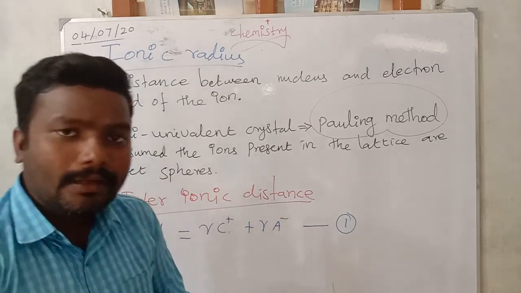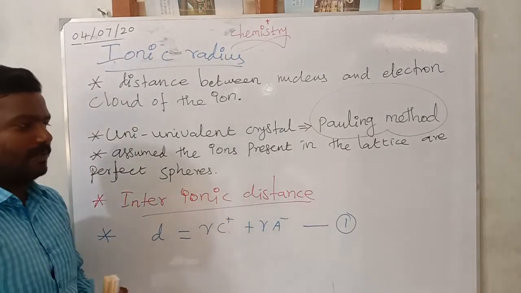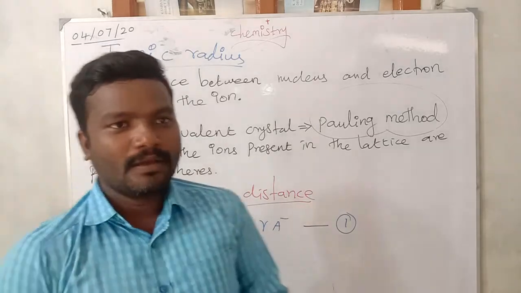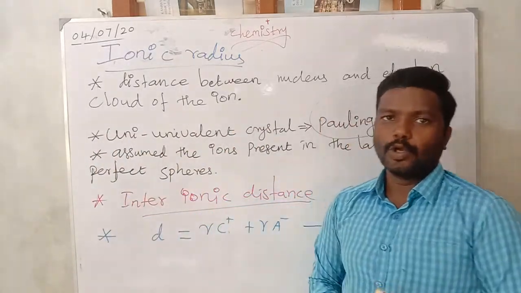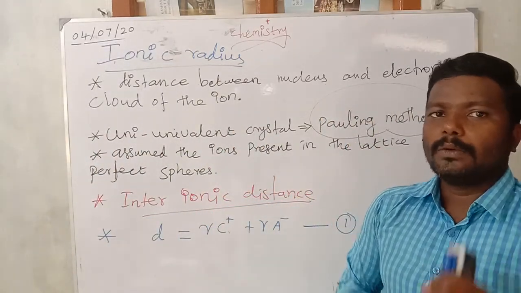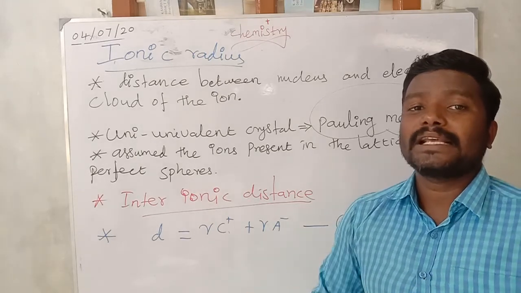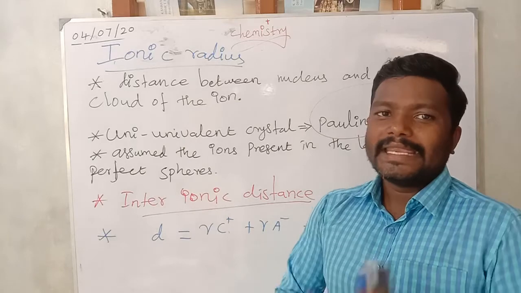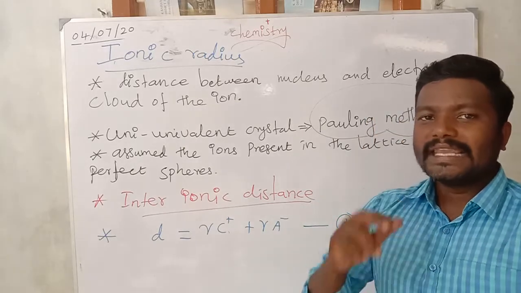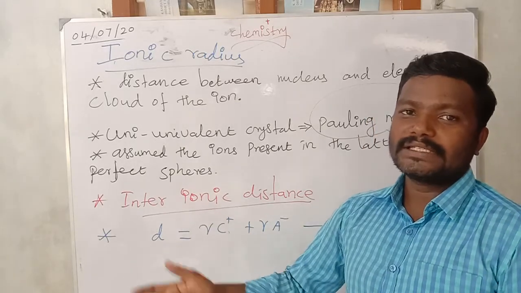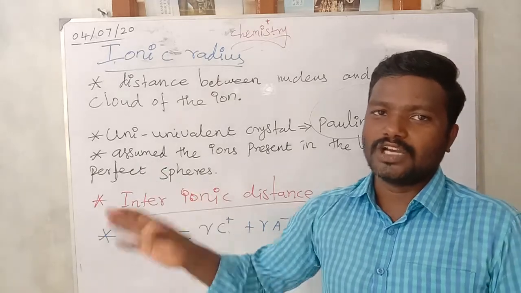But he also assumed another concept. What is another concept? We know that inert gases, noble gases. So for ions having noble gas electronic configuration, the radius is inversely proportional to the effective nuclear charge.